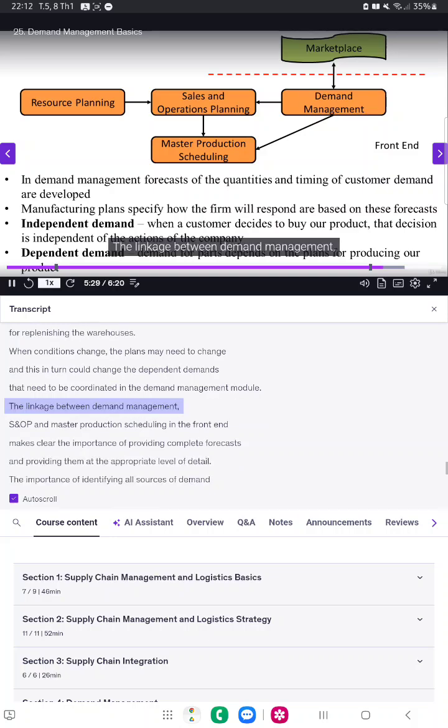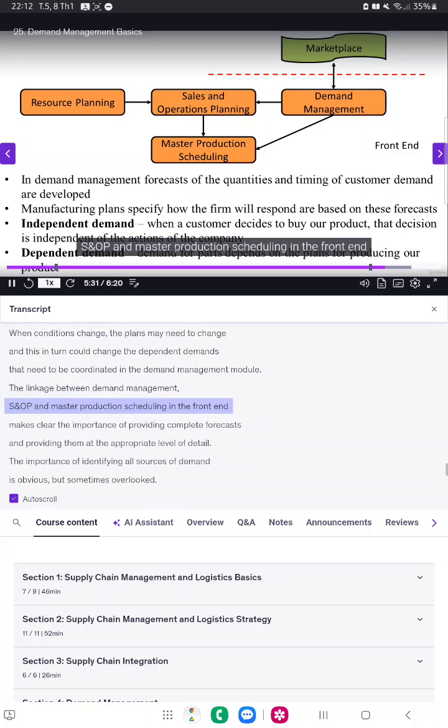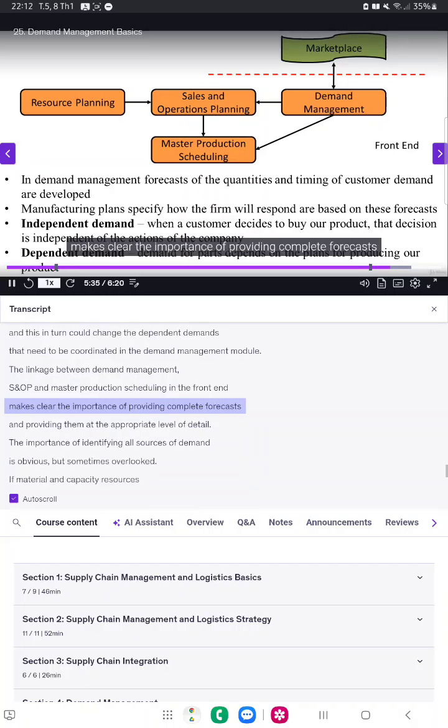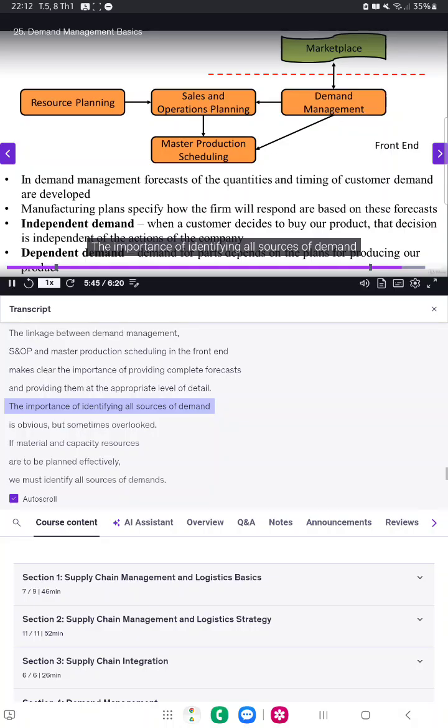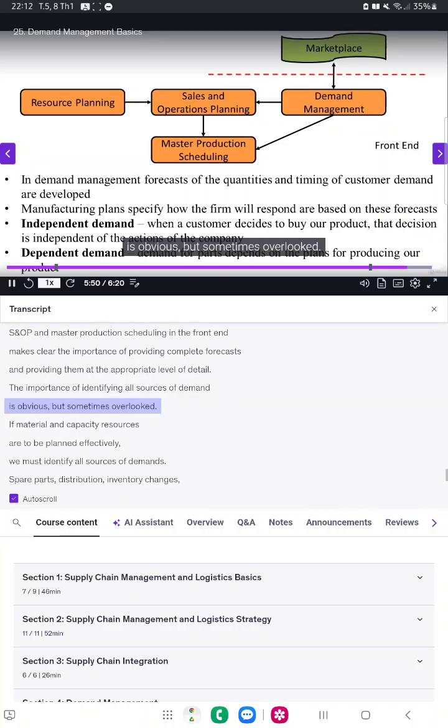The linkage between demand management, S&OP, and master production scheduling in the front end makes clear the importance of providing complete forecasts and providing them at the appropriate level of detail. The importance of identifying all sources of demand is obvious but sometimes overlooked.